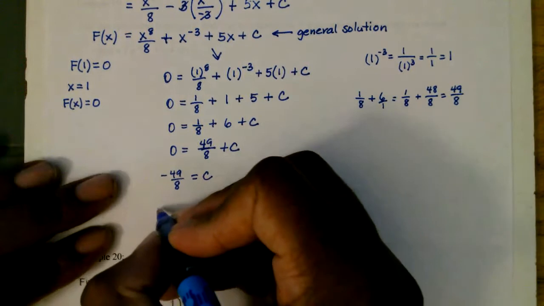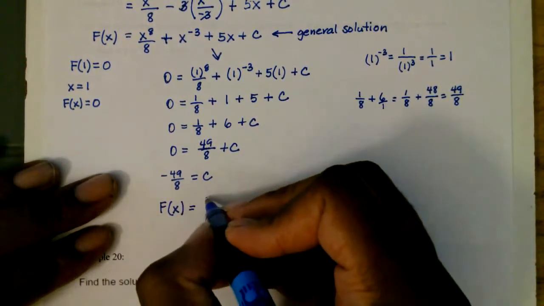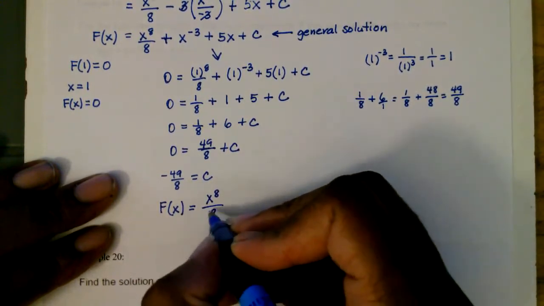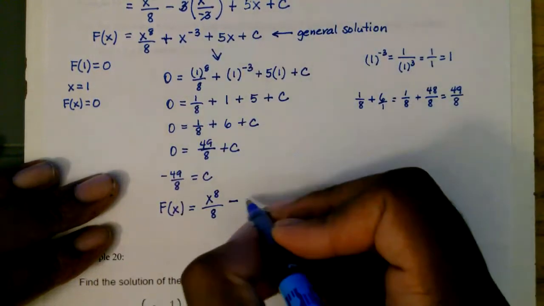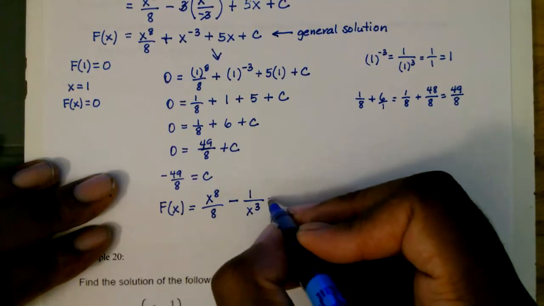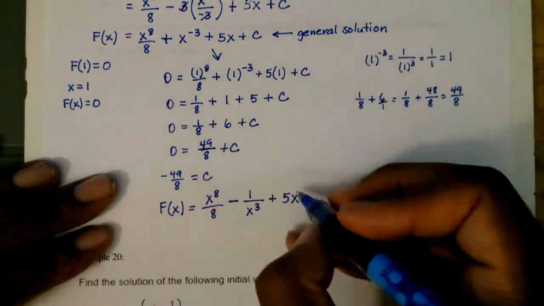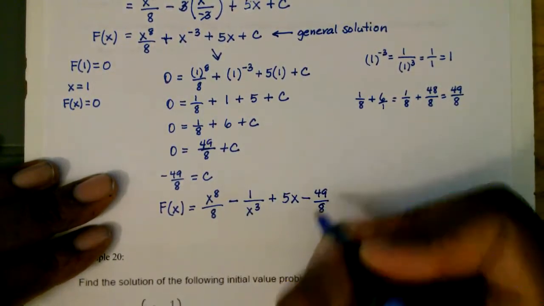So I'm going to end up with f of x equaling x to the 8 divided by 8 minus, and I'll go ahead and write x to the negative 1/3 as 1 over x cubed using positive exponents, plus 5x. That constant is substituted with, I'll say, minus 49 eighths.